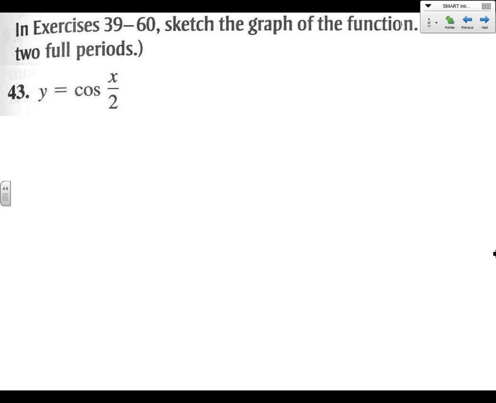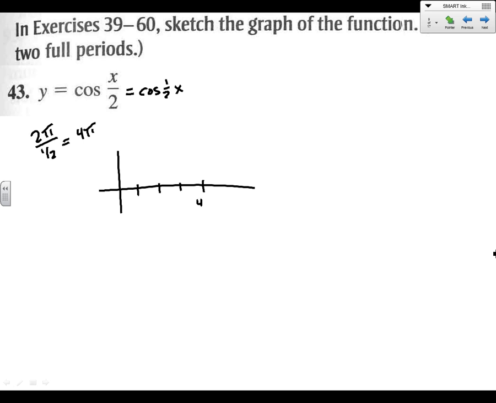Alright, so see if you can figure this out for yourself with cosine of x over 2. Alright, so same thing as the last one, not very different here. We know that it's cosine of 1/2 x, and for cosine the period is also 2 pi. So we'll divide by 1/2 and get 4 pi.